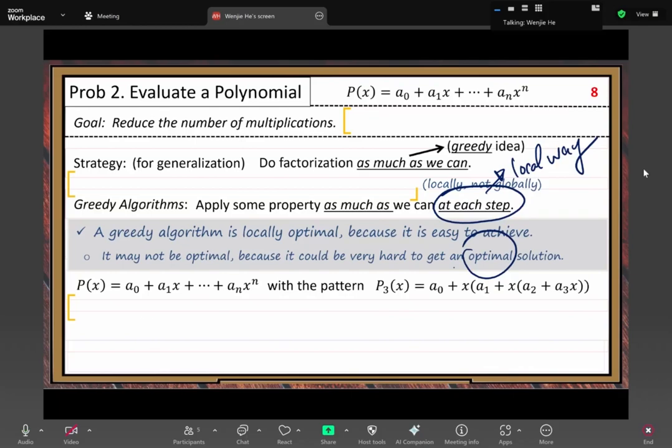Now, this is our generalization. We apply factorization as many rounds as possible. Is this the best way to apply factorization? Yes, that's the best possible way to apply the factorization technique here.